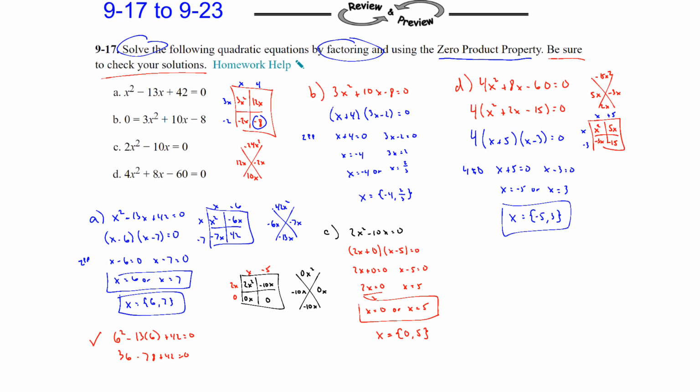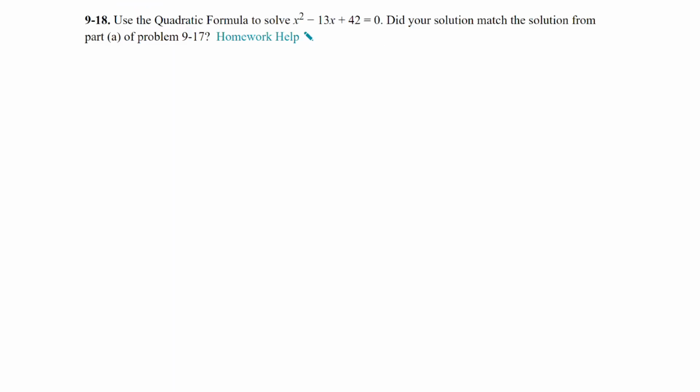We get negative 42 plus 42 equals 0, so 0 is equal to 0. So that checks to make sure it's true, but you would also do it with your other solution, 7. So 7 squared minus 13 times 7 plus 42 is equal to 0, and if you multiply and add those up, you'll get 0 equals 0 as well. So that's how you can check your solutions when you solve, the same way you do with linear. You plug them back in and see if they are equivalent on the left and the right side.